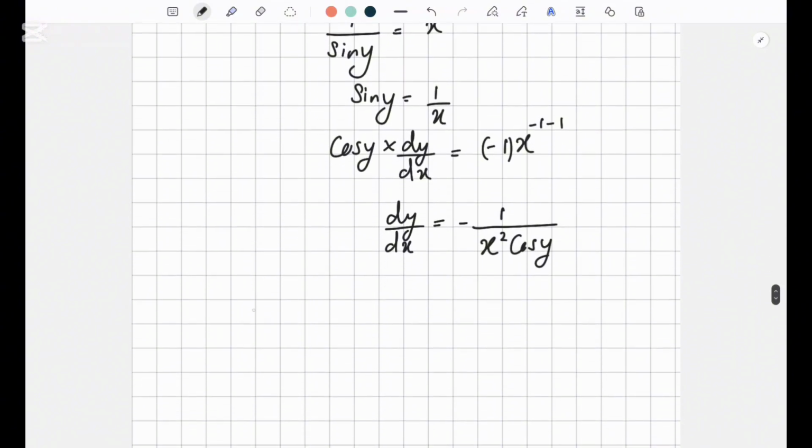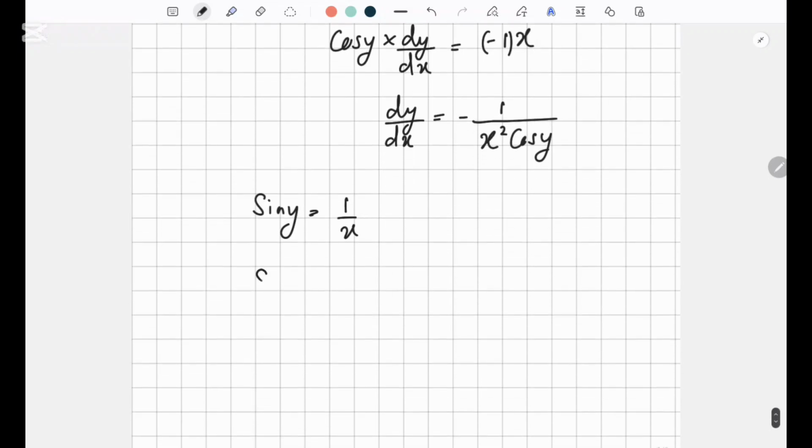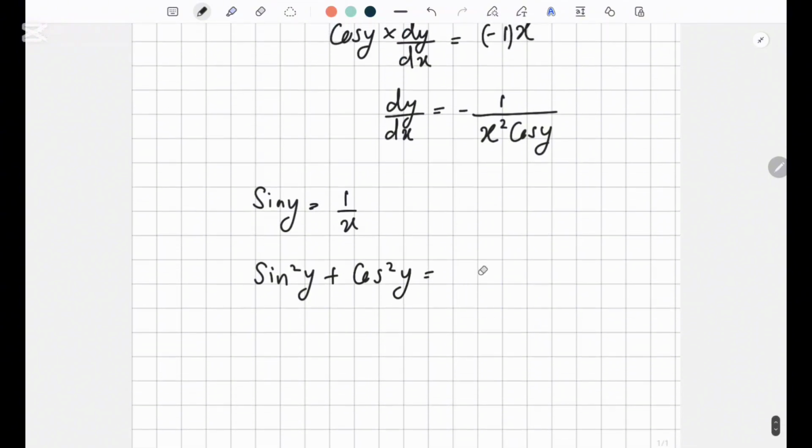But we need our terms in terms of x. So we have sine y equals 1 over x. So what's cos y going to be? We know sine squared y plus cos squared y equals 1.